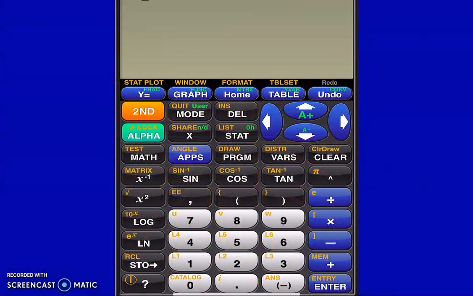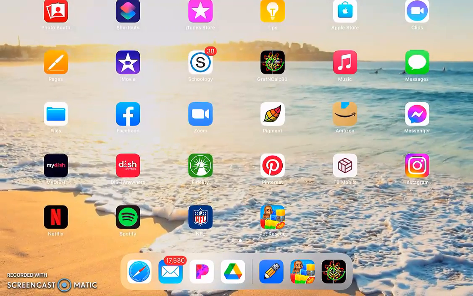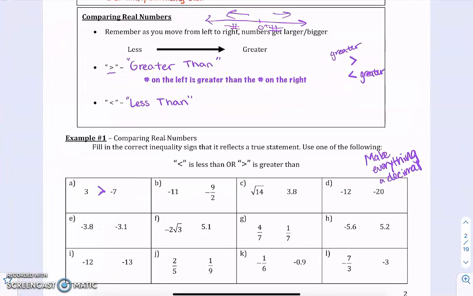So -9 divided by 2, we get -4.5. So that's a little easier to compare since they're both regular numbers. So we've got -11, -4.5. -11 would be further left. Further left is the least or lesser number.